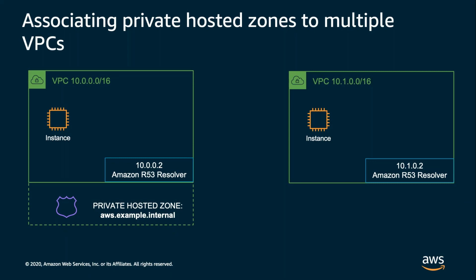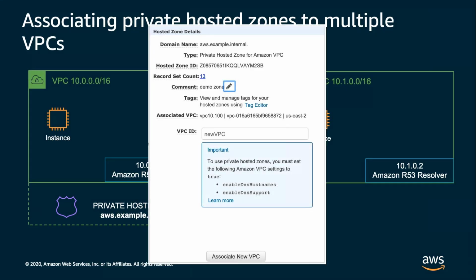We can also take a private hosted zone and associate it to multiple VPCs. So it's not just one VPC. So you can see here, we have our aws.example.internal. We can go into the Route 53 console, and here's a snapshot of what that looks like.